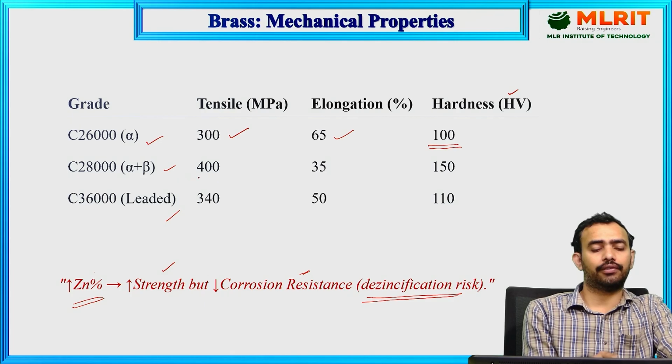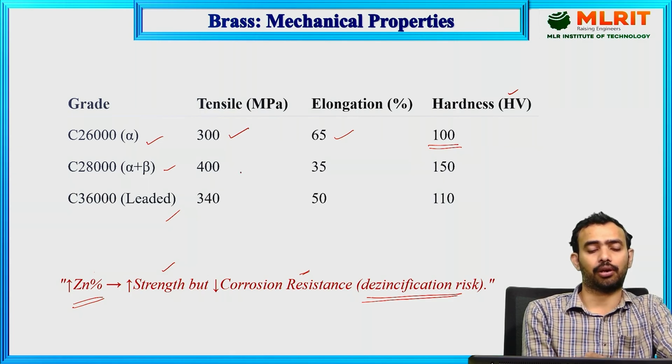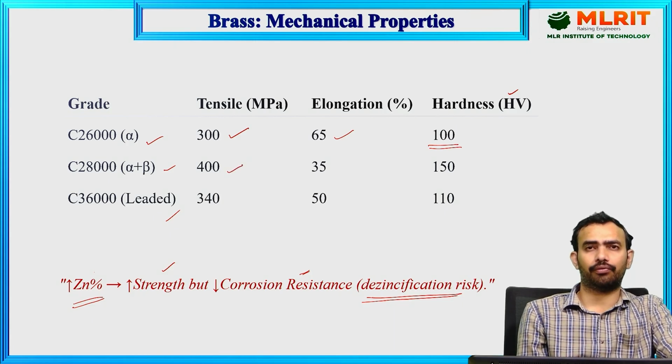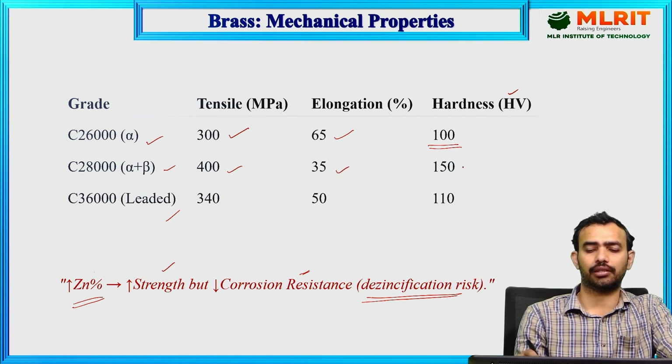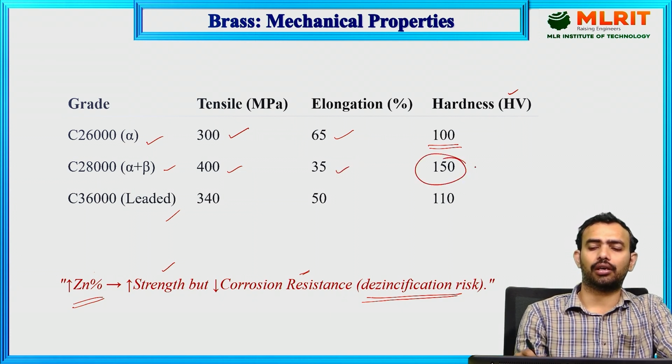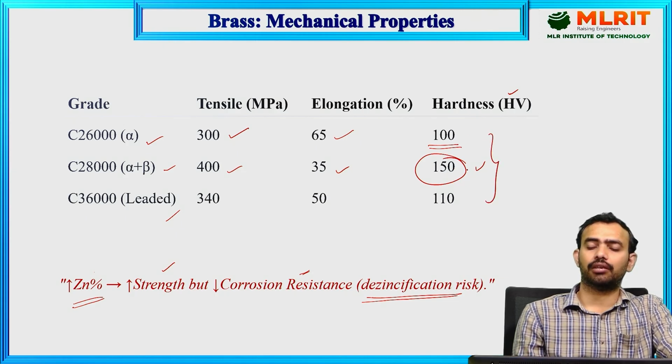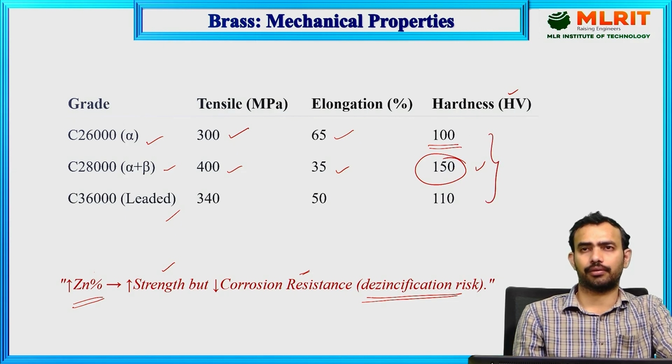Then we have the alpha-beta phase, the dual brasses. Tensile strength up to 400 is possible, elongation of 35% is possible, and it offers good hardness, relatively among the best, about 150 Vickers hardness.